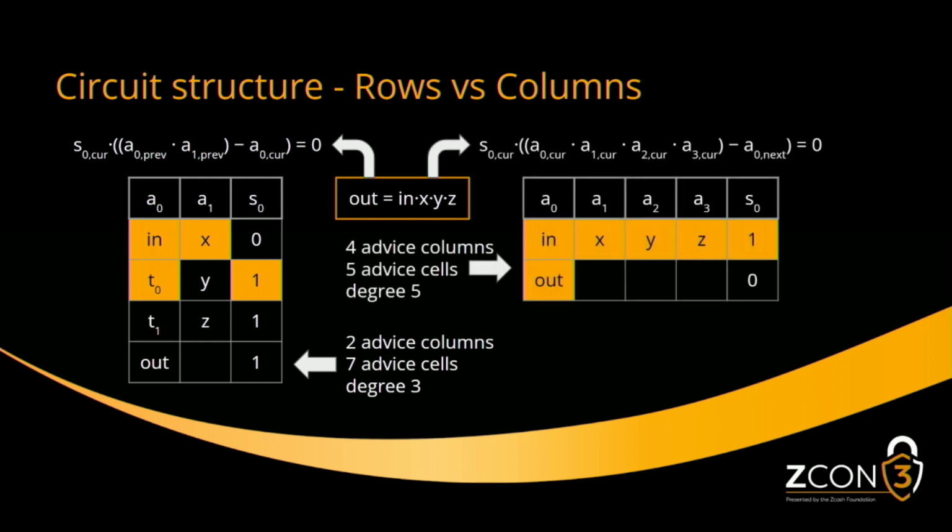The other way we could represent this is to just use a single constraint that does all 3 multiplications at once. So this means increasing the degree of your constraint to degree 5, and additionally means that we need more columns in this instance to put our values in. But we no longer have our temporary values. We are just doing everything in a single step.